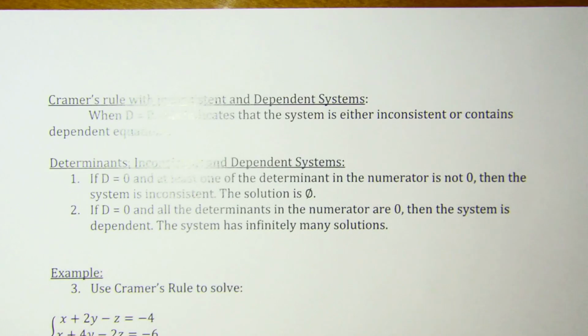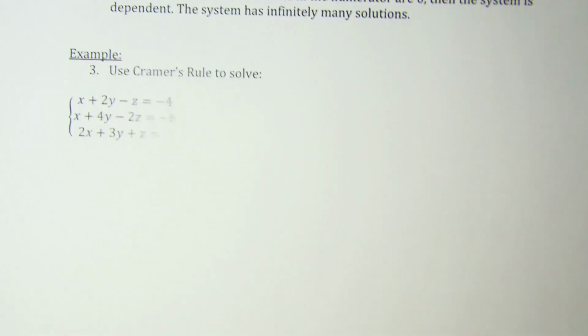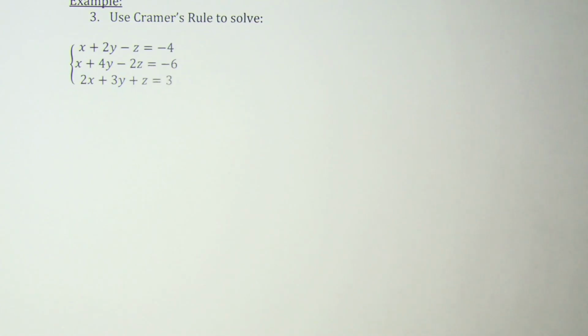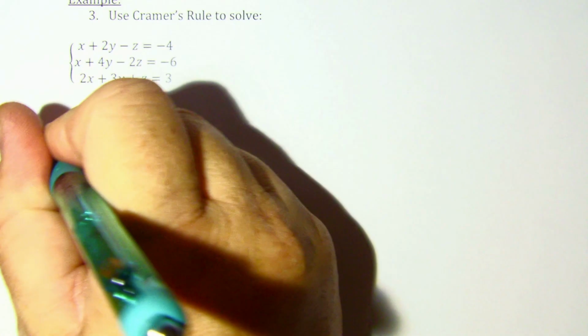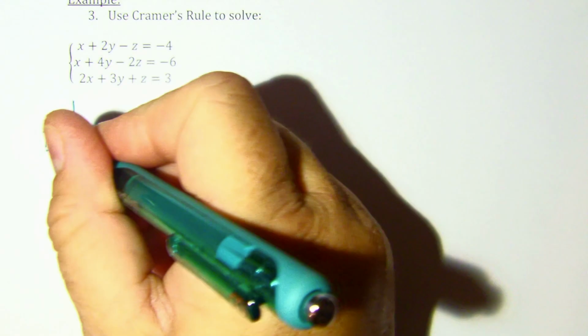So here we have Cramer's rule, and then we're going to do this example right here. So we have a 3 by 3 system, and we are going to use Cramer's rule. So let me go ahead and set all of these up first. I'm not going to talk through a lot of this. It's really just writing these determinants.